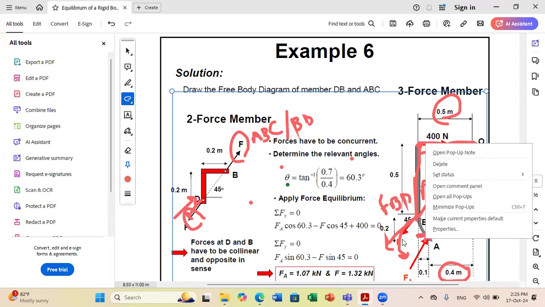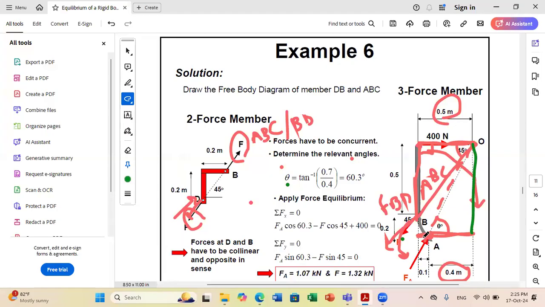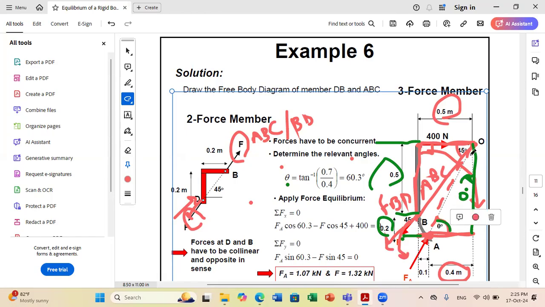If I look at my figure, from this level to this level, I have 0.2 meters. And then from this point to the upper level, I have 0.5. So this total distance here is 0.7. So now I can find my theta, because in this triangle, this is 0.7, this is 0.4. So theta is tan inverse of 0.7 over 0.4.